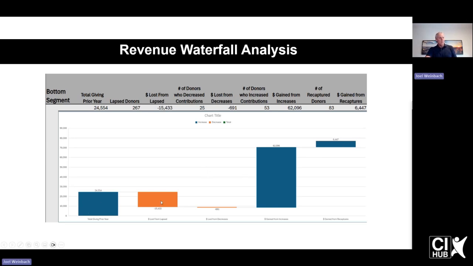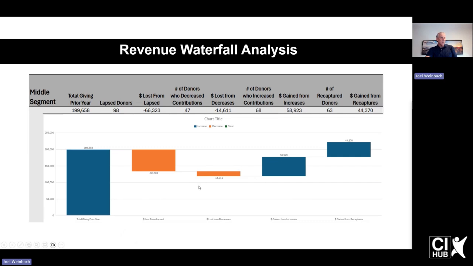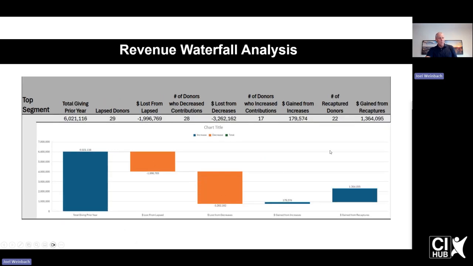A little bit in recaptures. They lost 15,000 from lapsed bottom donors, but they had a reasonable percentage increase.